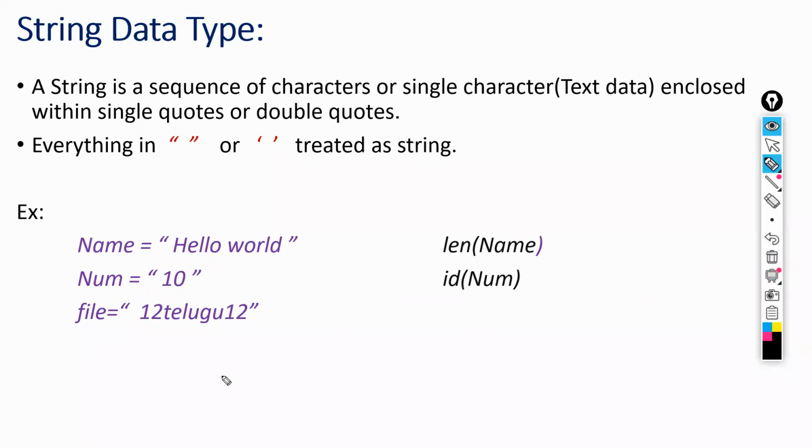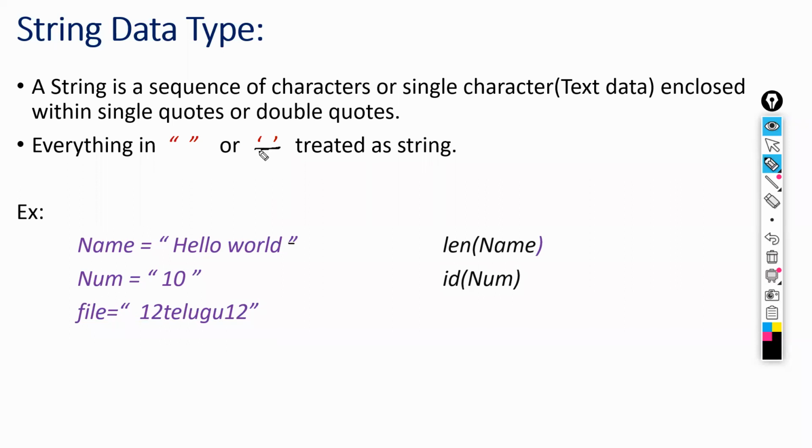Let's observe one more example, that alphanumerical values in between two double quotes are also treated as string data type. You must use either double quotes or single quotes.